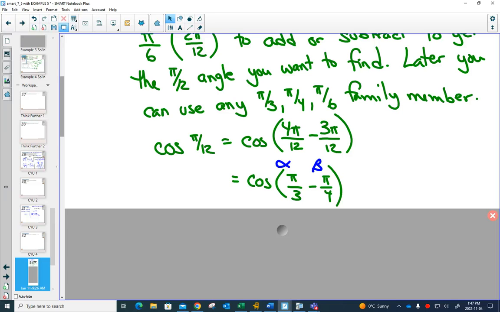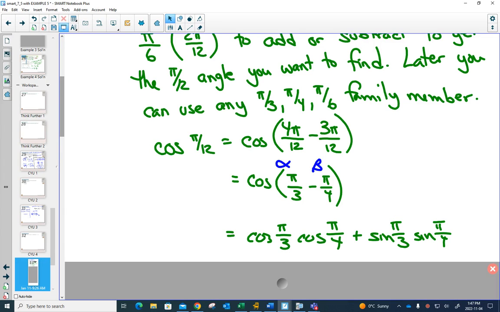So we go to our formula sheet and say, what is cos alpha minus beta? It's cos alpha cos beta plus sine alpha sine beta. And initially, this seems like not a good idea because you make things bigger. But all of those are on your pi plate. You know all those values.